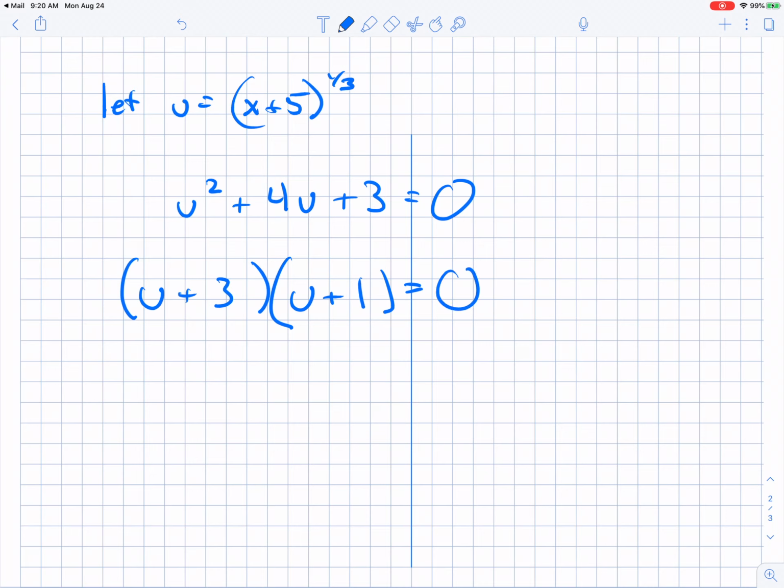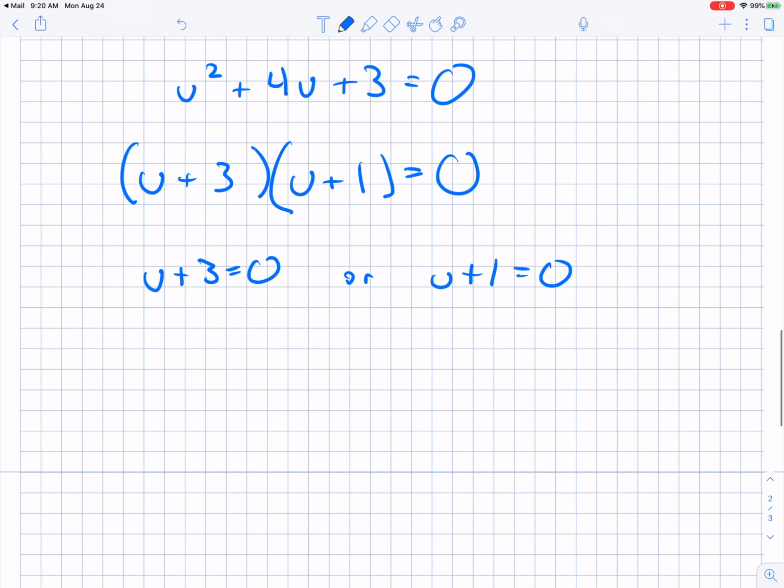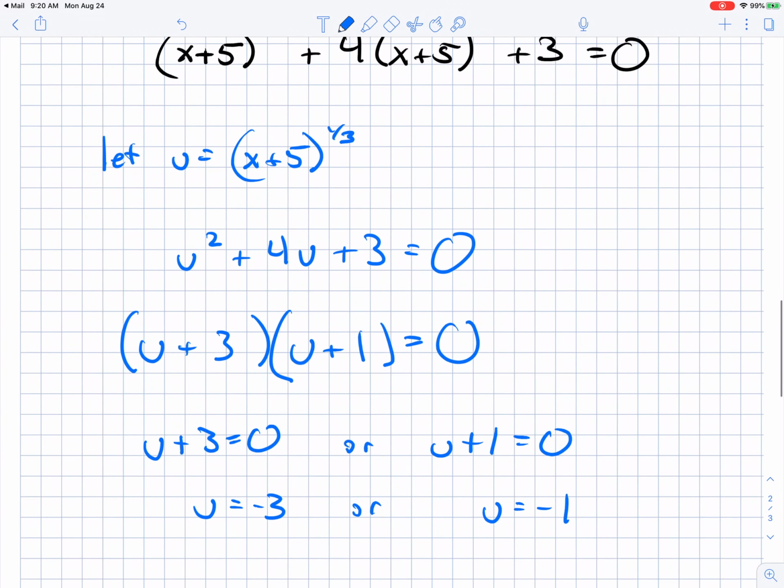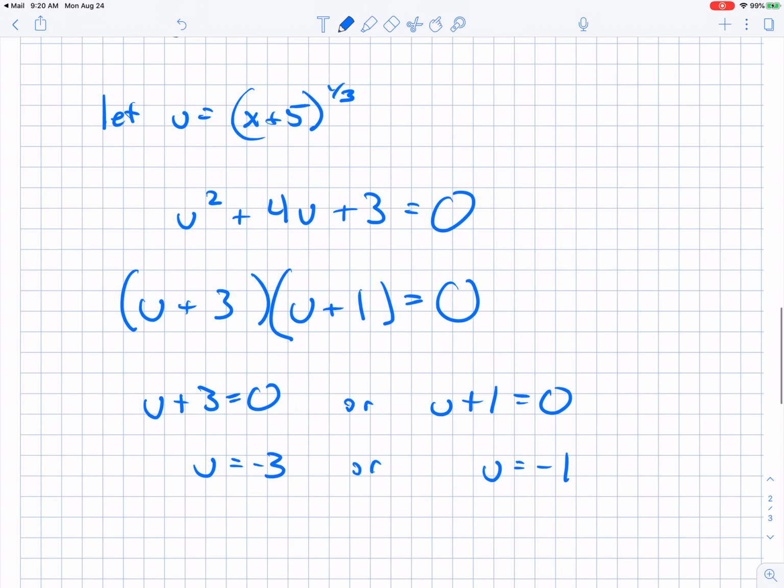In class, we said when things multiply to give us 0, we use the zero factor property. So we set each one equal to 0 and solve: u plus 3 equals 0, or u plus 1 equals 0. We get u equals -3, or u equals -1. Then we resubstitute back, putting the x back.